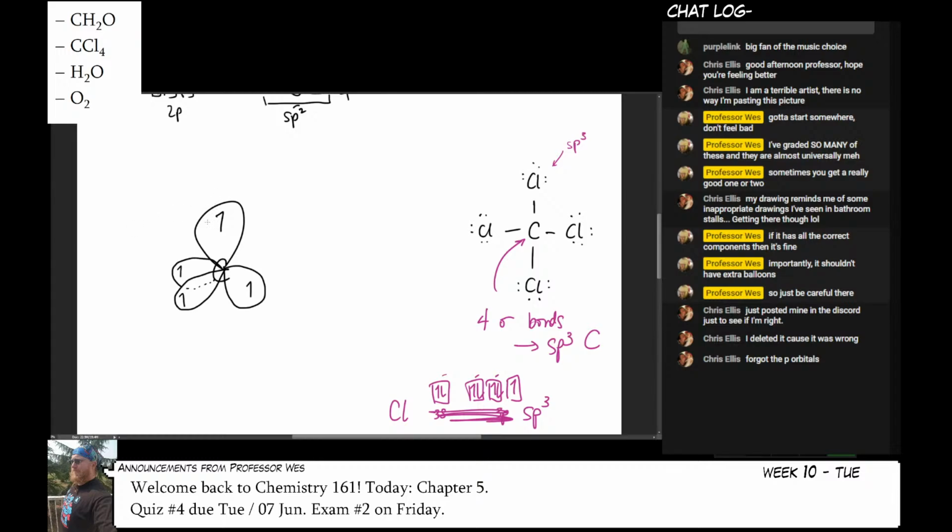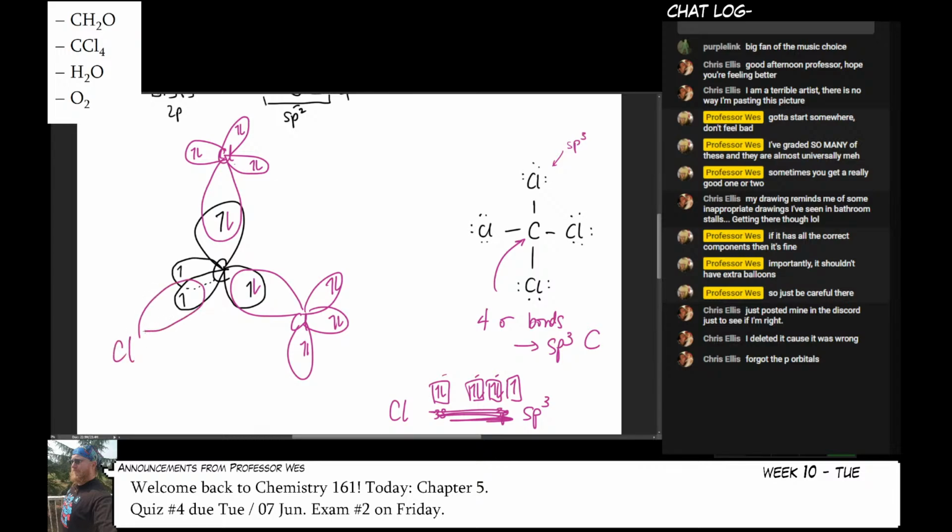And then for my chlorines, each of my chlorines is going to look like this. So here's an orbital. And then it's going to have its own tetrahedral thing going on here too. So there's the unpaired electron that we will pair. And then here's the other ones. And I basically do this 3 more times. I'm purposely just trying to do this quickly with no regard to quality here.